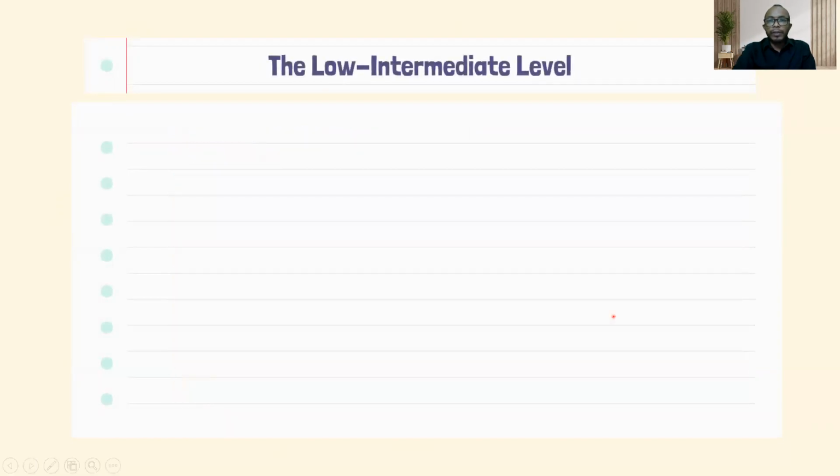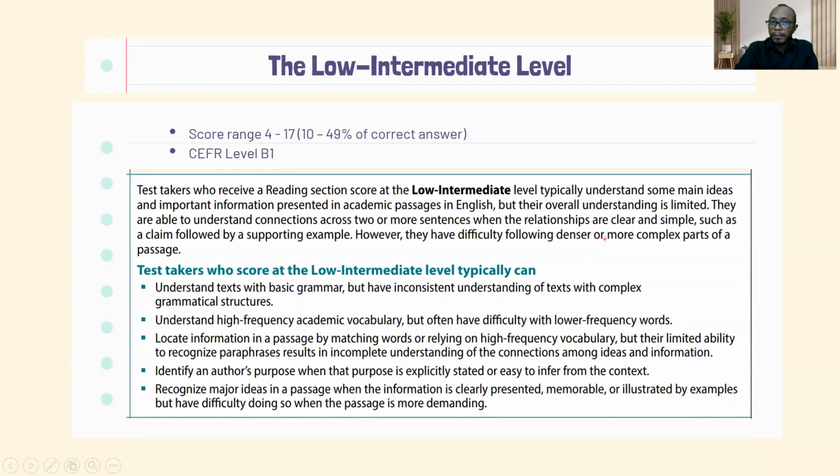And the low intermediate level is for those whose score is from 4 to 17, meaning they could only answer 10 to 49% of the questions correctly. And your CEFR level will be B1 if you are in the low intermediate level. Okay, and this level shows that a test taker could only understand some main ideas.